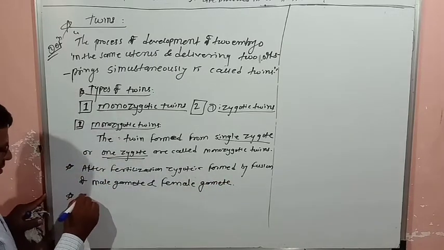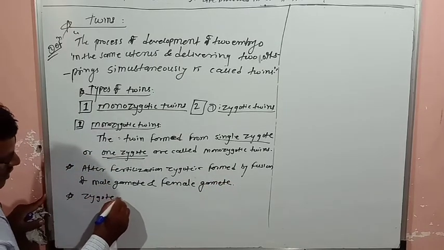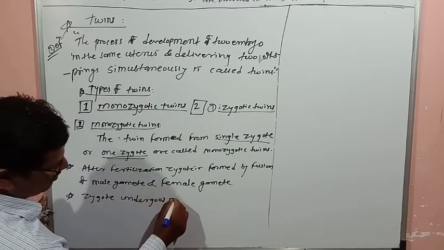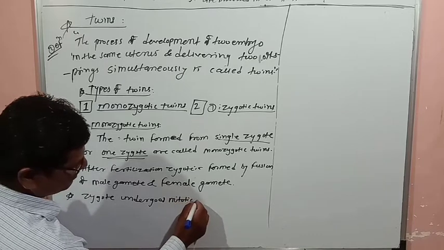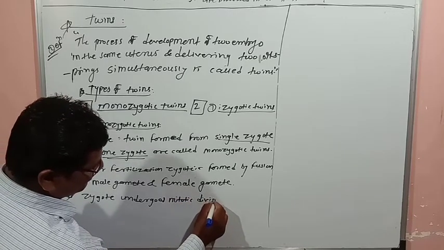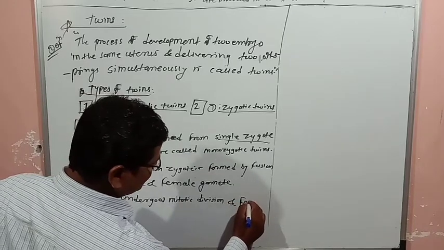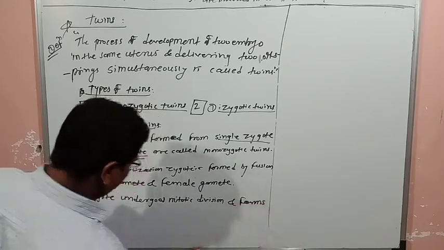Next, the zygote undergoes mitotic division and forms an embryo.